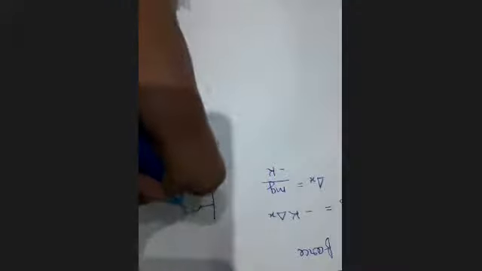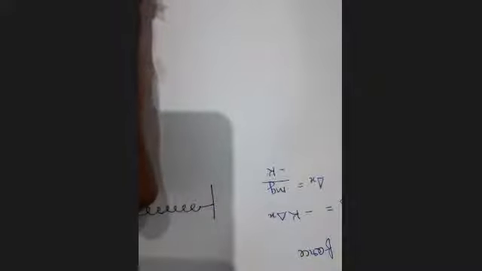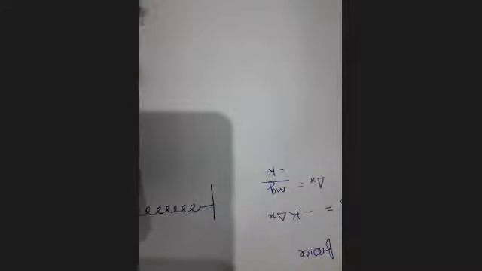Delta x is equal to mg upon k. In this diagram, the extension is known as x, and k is the spring.